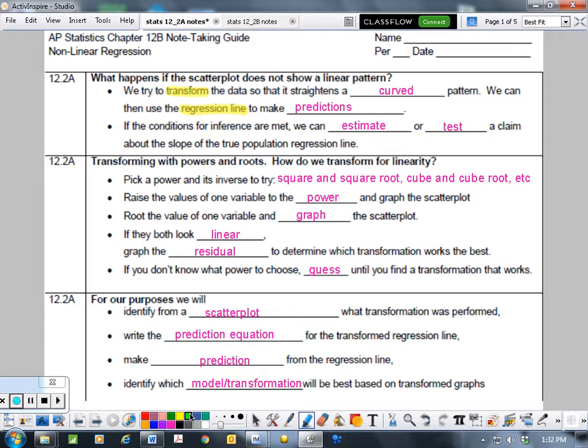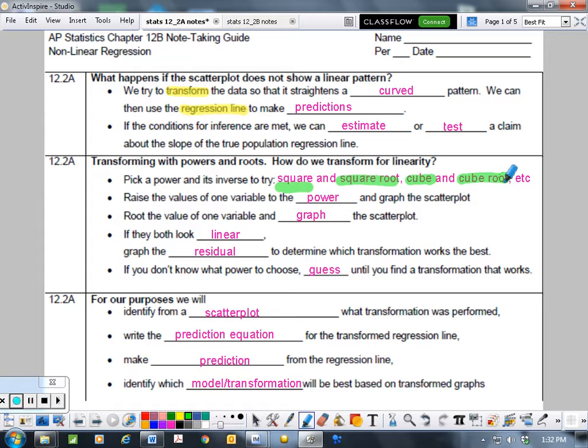So now when we get into stats, we can transform by using squares, square roots, cubes, cube roots, power 4, fourth roots, and so on and so forth. So if you notice that it looks like a quadratic, then you're going to want to square one of your variables and graph that.